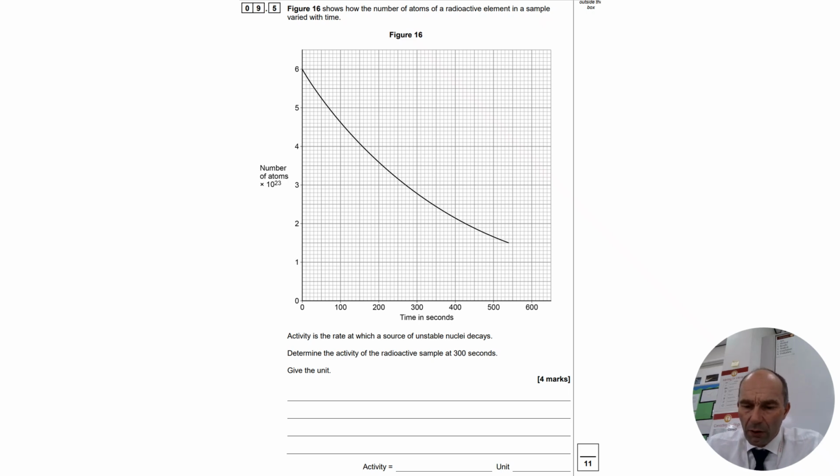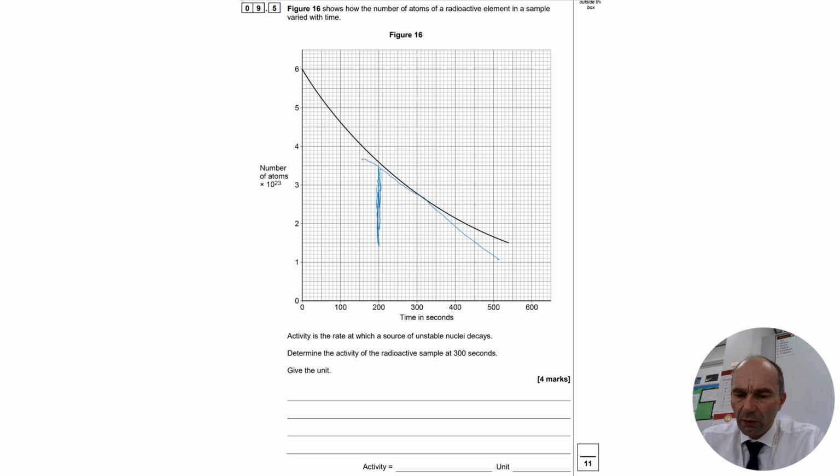Now, this was the first time I've seen a question like this come up, and you need to mark on at 300 seconds. You need to draw a tangent because this is clearly not a straight line. It's much easier for you to do this because you can use a ruler. It's a bit trickier with the computer. So you've got your tangent there, and the way to do it would then be to draw your big triangle.